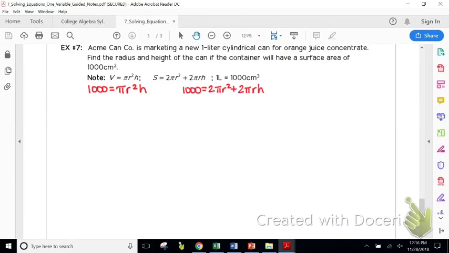And I recommend you solve for h, because otherwise, if we solve for r, we have to take the square root. That's not going to be pretty. So we're going to divide by the pi r squared. And so we know that h is equal to 1,000 divided by pi r squared. So let's take that now and plug it into our other equation.